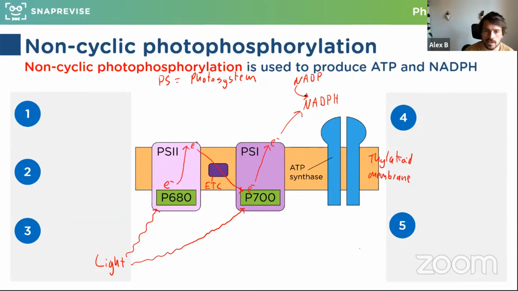Some, like AQA, you can just call both of these chlorophyll. You don't have to say which photosystem it is, and you don't have to say which wavelength it is. Other specs want to see photosystem 1 and 2, or they want to see the wavelengths. So have a look in your textbooks to confirm what exactly you do need to know, because it's a bit different.